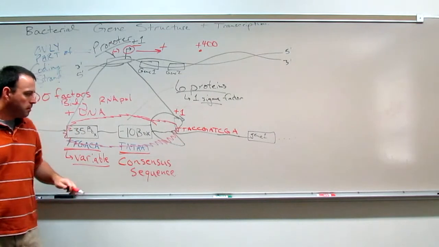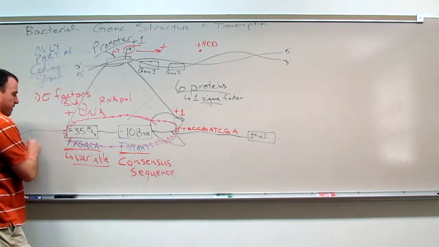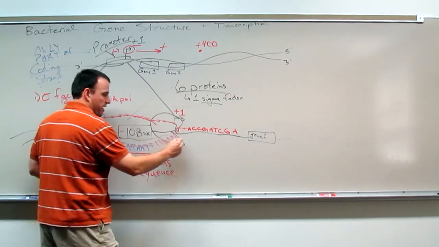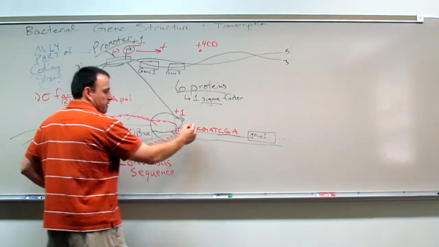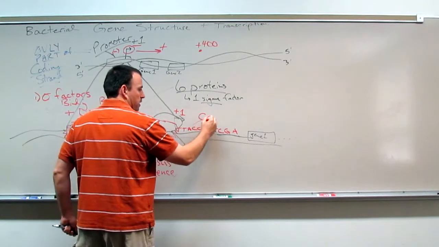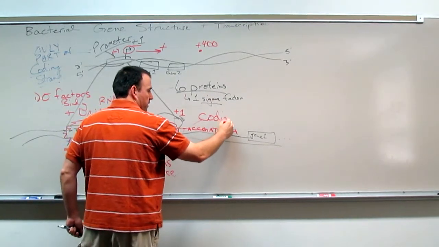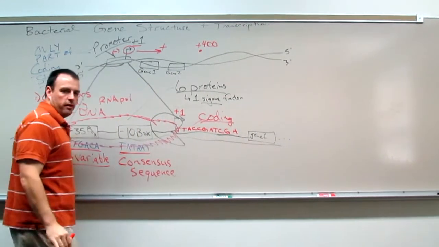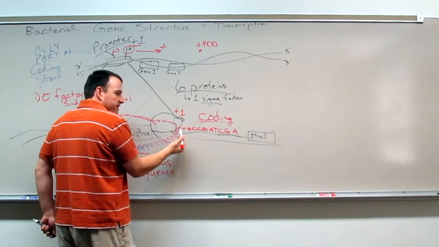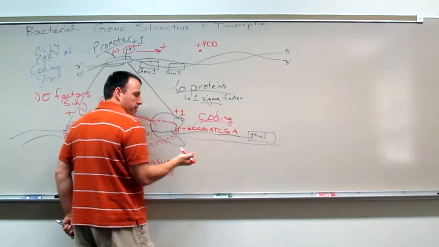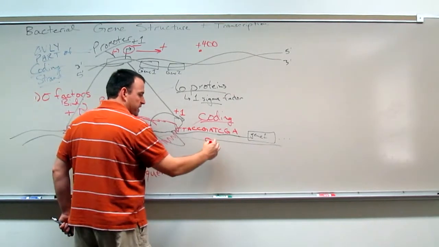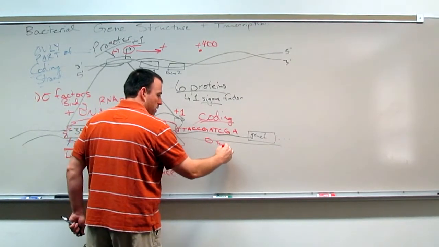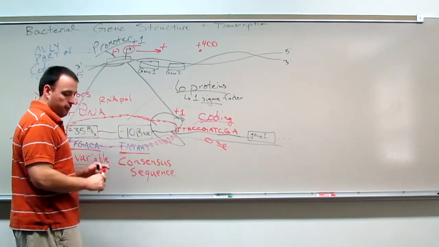Okay? But remember, DNA here is double-stranded. So RNA polymerase does not work on the coding strand. RNA polymerase writes an mRNA copy of the coding strand, its transcript, and it writes that copy from the template, if you recall.